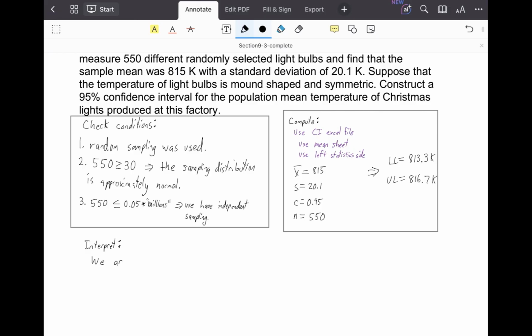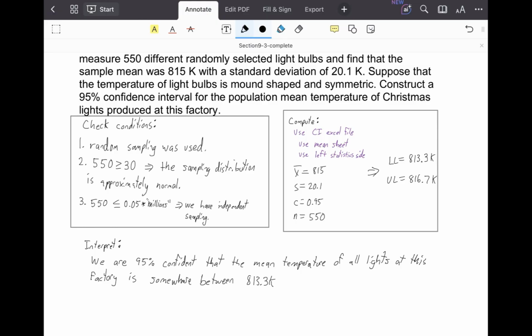We can say we are 95% confident that the mean temperature of all lights at this factory is somewhere between 813.3 Kelvin and 816.7 Kelvin.